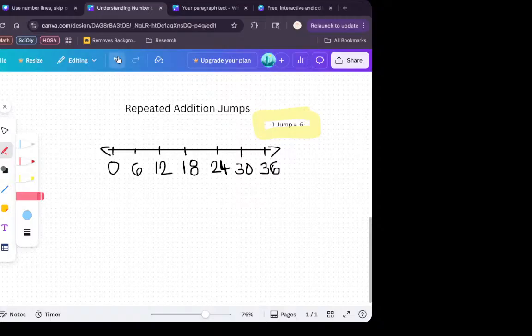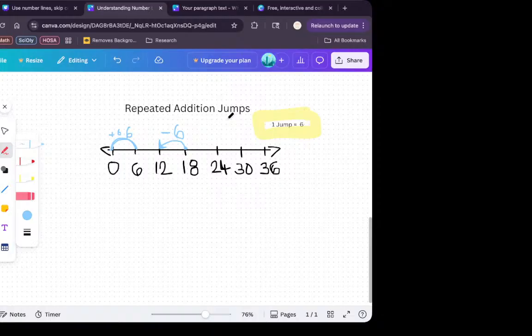Oh, sorry, wait, no. So either plus 6, or we could start here and go backward this way. That could be minus 6. It could be one of the two.